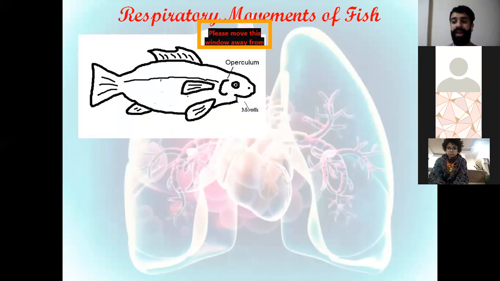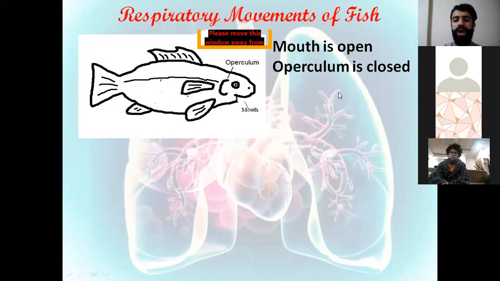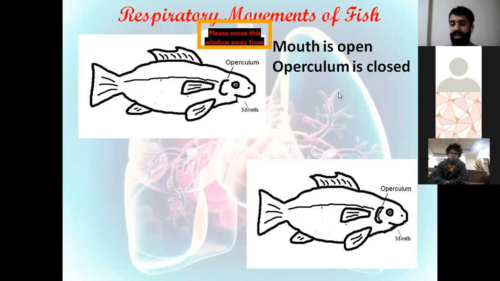During inhalation, water will enter through the mouth of the fish. That's why the mouth is open and the operculum is closed. So whenever the mouth is open and the operculum is closed, we are talking about inhalation.